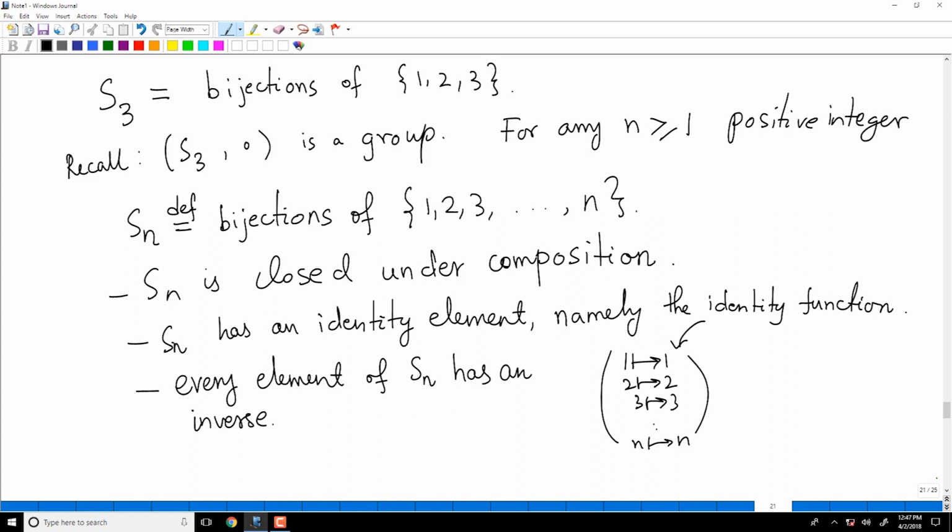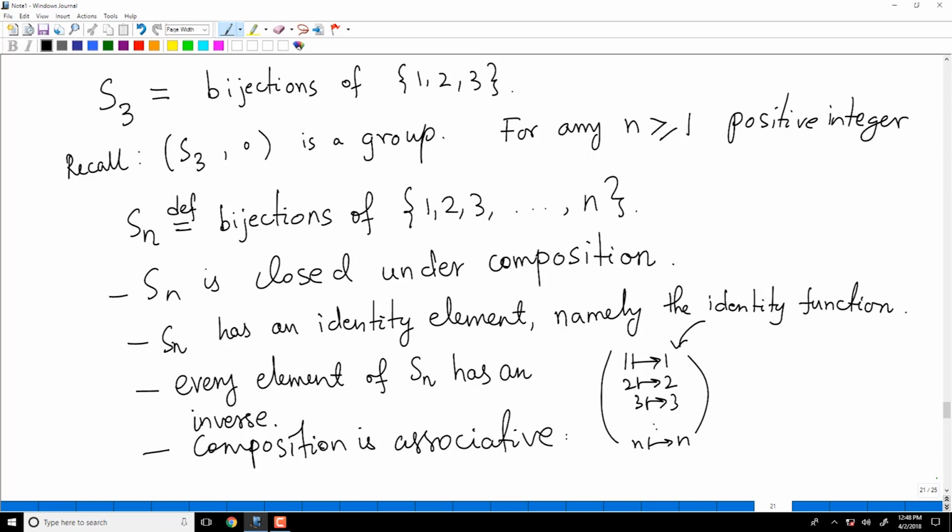If you give me any bijection of 1, 2, 3 up to n, you can construct another bijection such that composition gives you identity. For example, if one bijection sends 1 to 2, you can simply send 2 to 1 under a new bijection. So, the composition will send 1 to 1. So, every element has an inverse, and composition as always is associative.